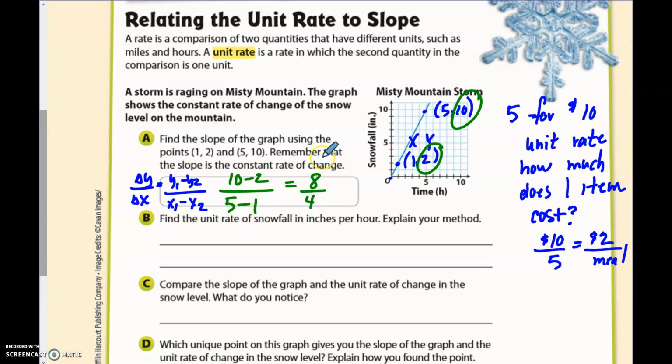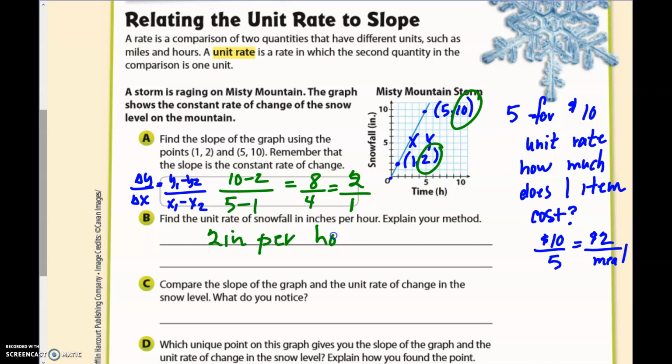So this would be 8 over 4, but we always reduce everything. So when I divide by 4, 8 divided by 4 is 2, and 4 divided by 4 is 1. So the unit rate is going to be 2 inches per, and what are we doing this in?